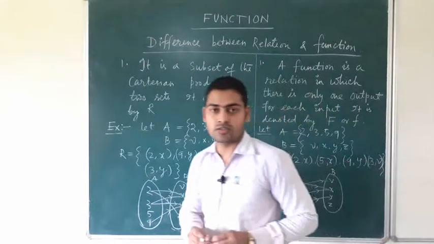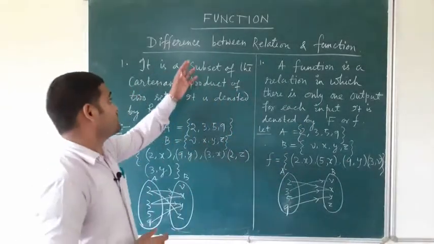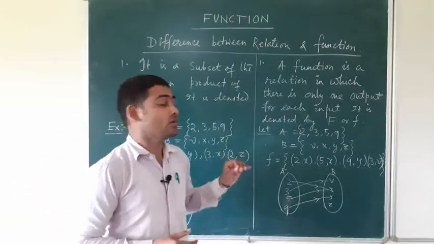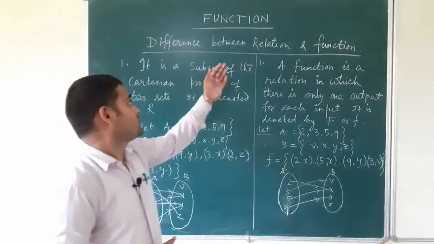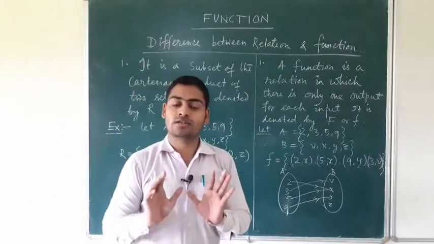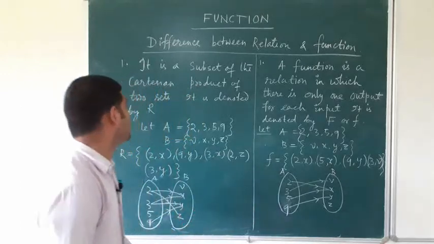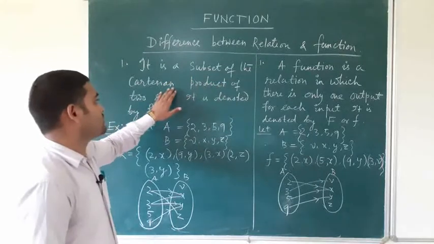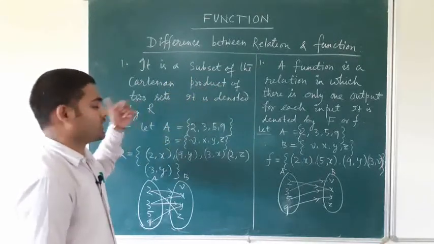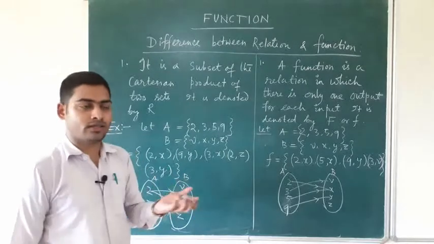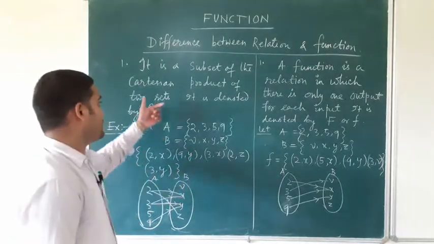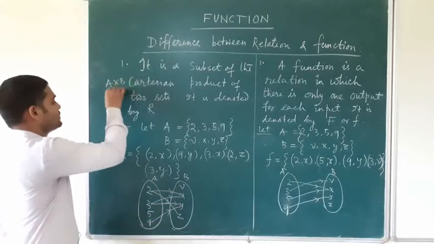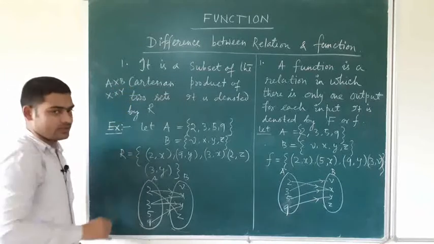Now, friends, we know the difference between relation and function. What are the differences between relation and function? So friends, a relation is a subset of the Cartesian product of two sets X and Y, or A and B, any two sets, a subset of A cross B, X cross Y, like this.